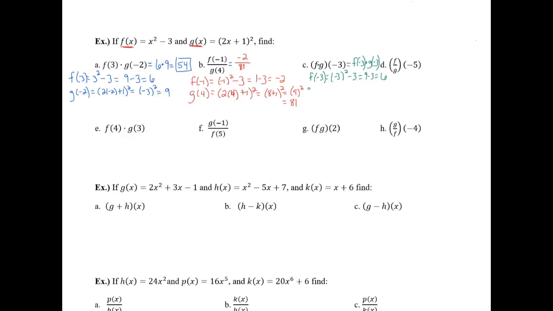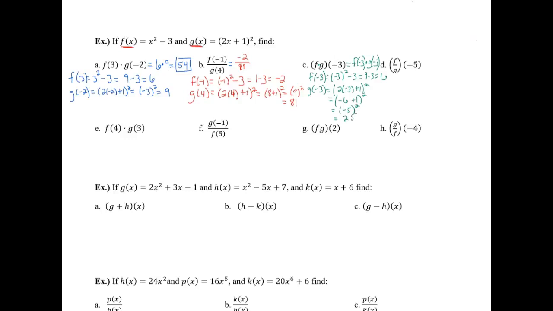Then we need g of negative 3. g of negative 3 is 2 times that negative 3 plus 1 and then squaring it. 2 times the negative 3 is negative 6 plus 1. Negative 6 plus 1 is negative 5. And lastly, exponent, negative 5 times the negative 5 is a positive 25.